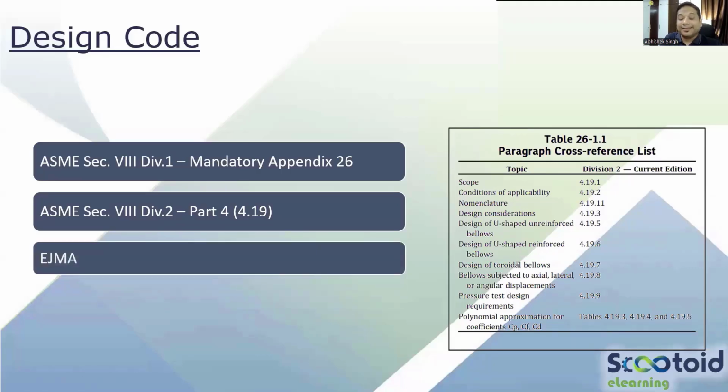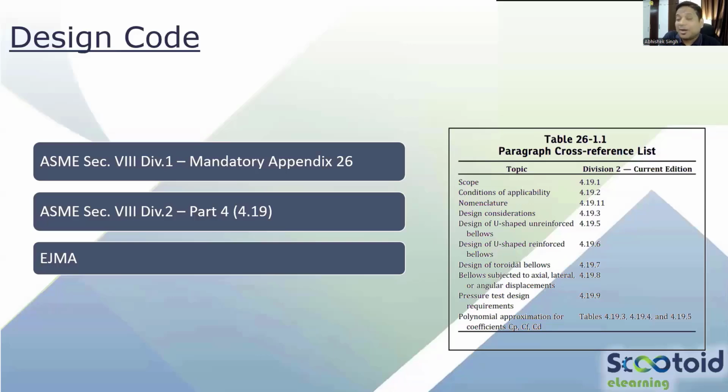Then you have ASME. ASME is most widely used for thin bellows. If your bellow is designed by the vendor, because thin bellows are mostly designed by the vendor who is the manufacturer of it, they follow ASME most of the time. ASME covers the thin bellow design in great detail, and it's the most accepted method.